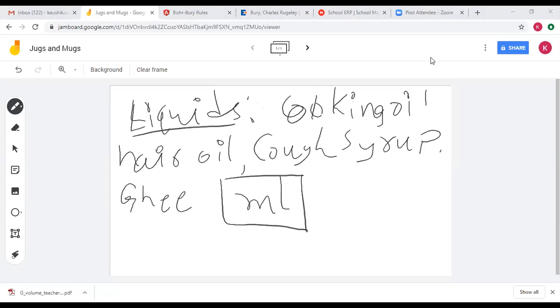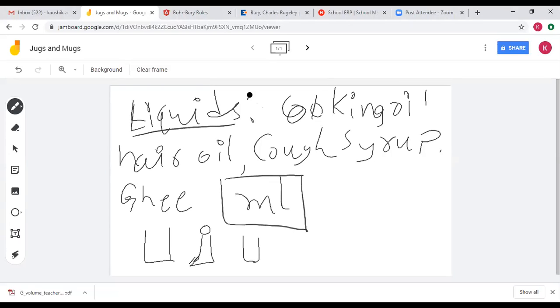Okay, yes everyone. All right, so we know that liquids take the shape of the container they are kept in, right? If you have a small bottle and you put water into it, then the shape of water will be like this bottle only. If you have water in your glass, then the water's shape will be like your glass.